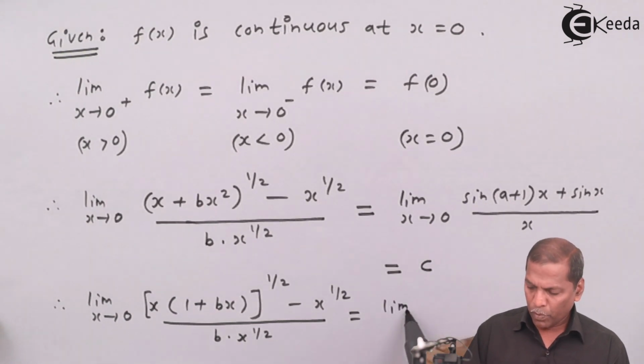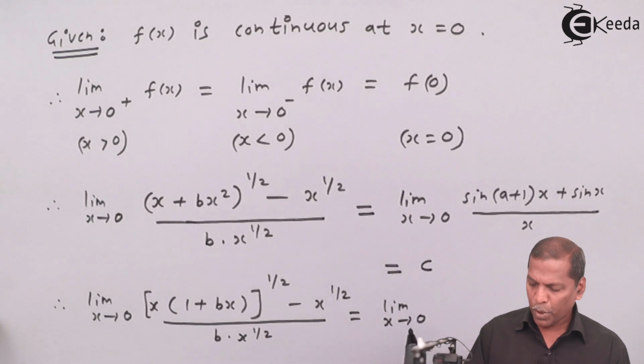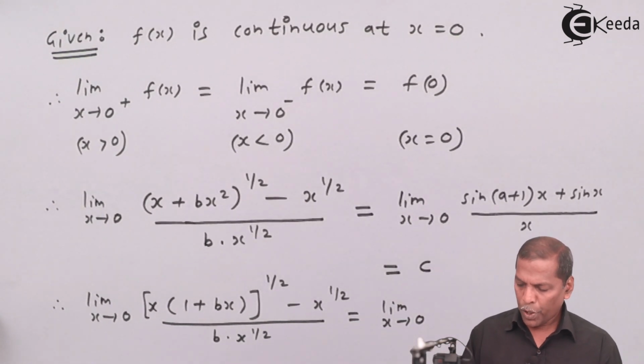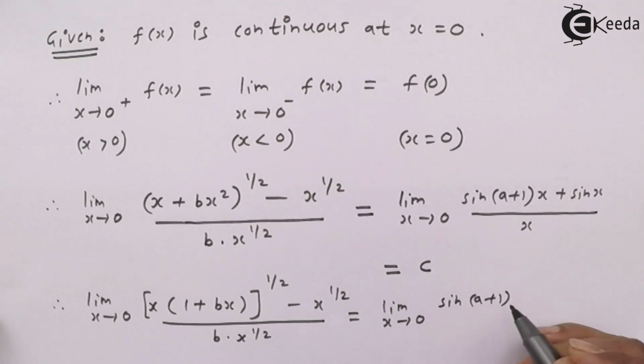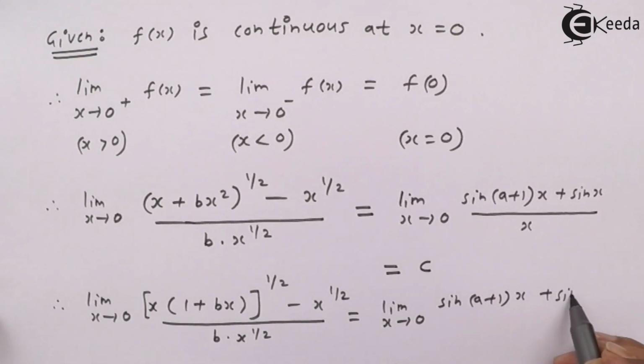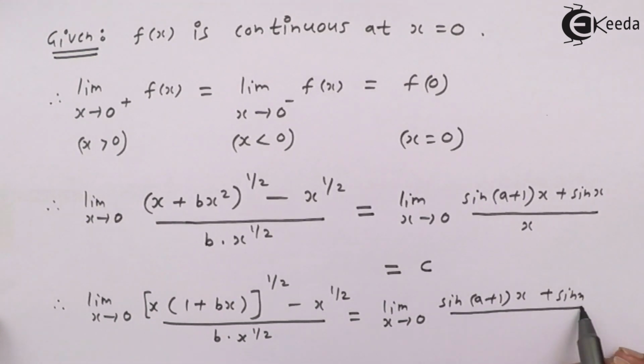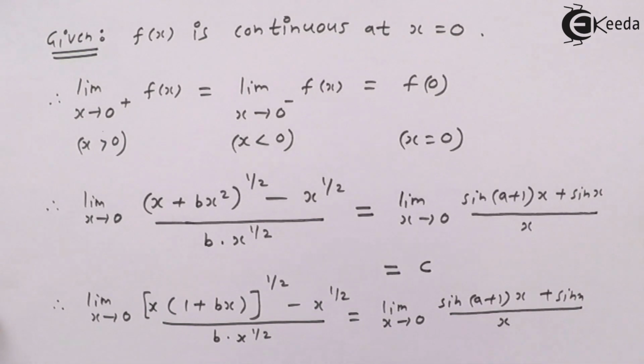Now that equal to limit x tends to 0. Now here we write sine of (a plus 1) into x plus sine x, whole thing divided by x, and that equal to we write c.